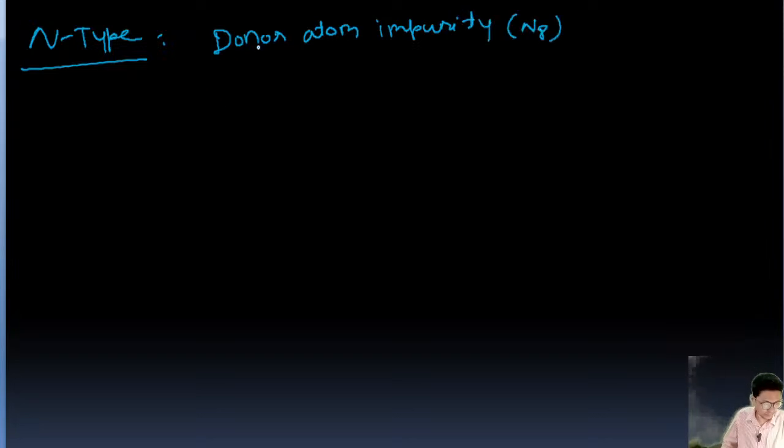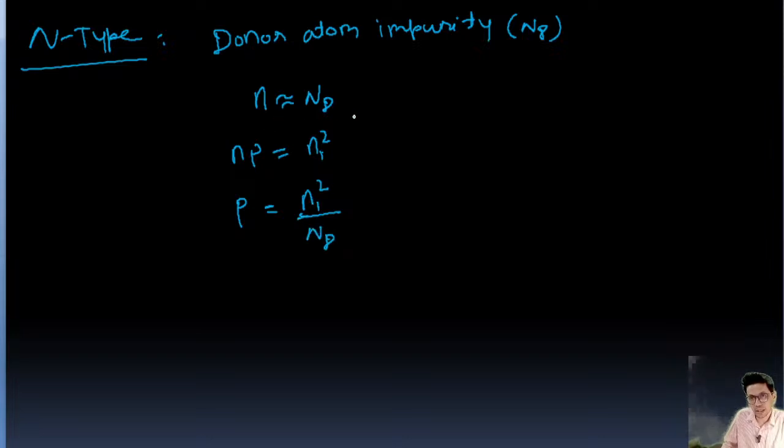Here N is almost equal to Nd, and since we know Np equals Ni square, the P value is going to be Ni square upon Nd, because N is almost equal to Nd.